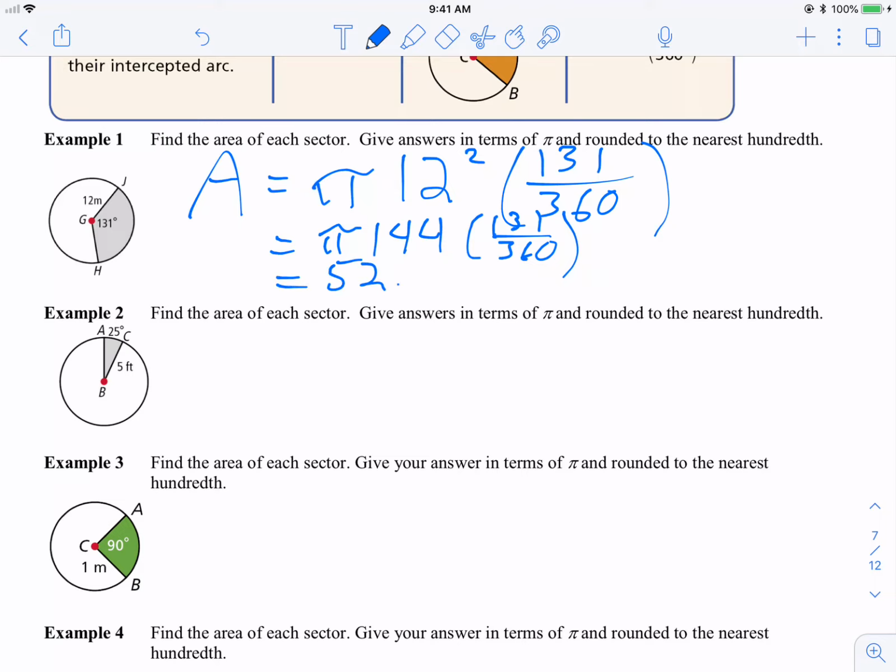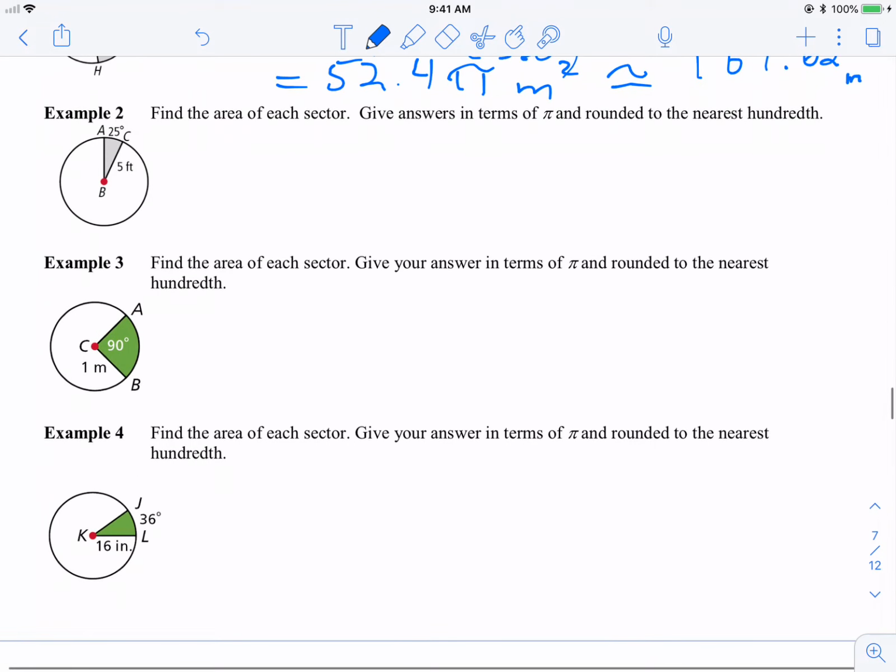So 52.4 times pi square meters would be our exact answer in terms of pi. To round this to the nearest hundredth, let's multiply that pi out. So we'll take the 52.4, multiply it by pi, and we get an answer of 164.62, rounded to the nearest hundredth, and once again this will be in square meters for our unit.